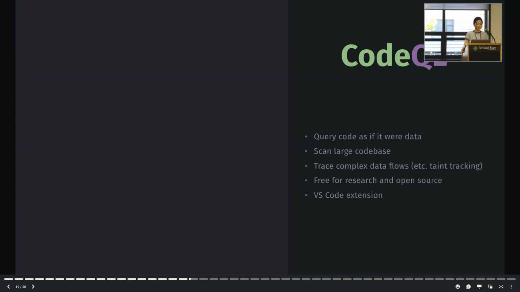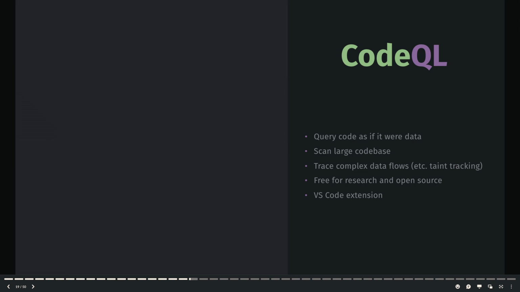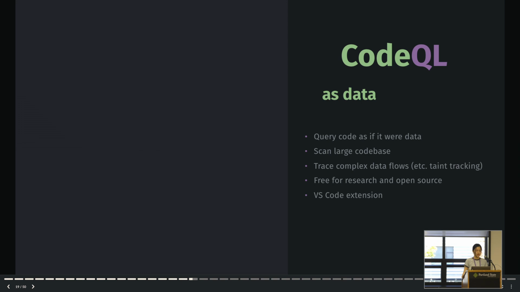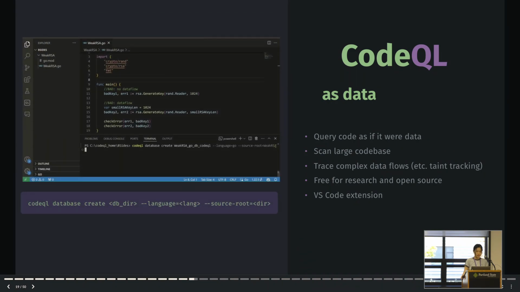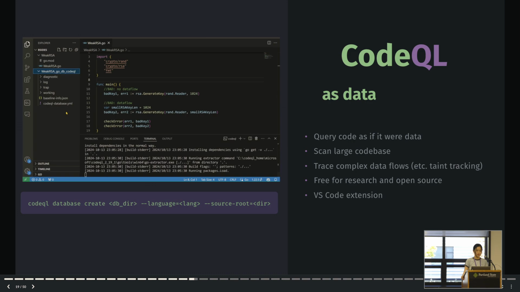As you may have guessed from the name, CodeQL combines both code and query language. At its core, it treats code as data. So we can write CodeQL queries, just like SQL queries, to analyze code for issues related to security, correctness, maintainability, and readability. This video shows how to create a CodeQL database in VS Code Terminal.